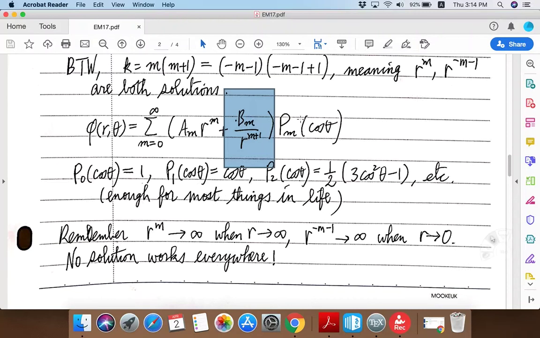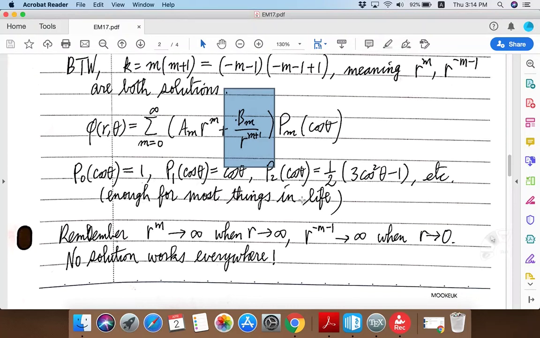So it doesn't make sense to try to keep both A and B in the same solution because one of them is bound to give you a problem because they diverge. At least one of them has to diverge, and we don't want divergent solutions because they are not physical.